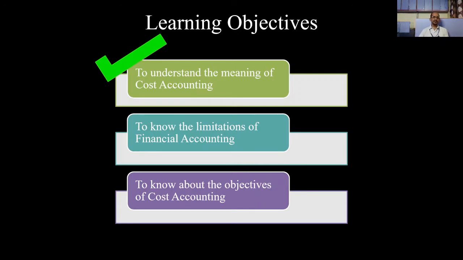In the last lecture, we saw that financial accounting's main objective is to present a true and fair view of the business, and show the business income and the financial position of the organization at regular intervals.